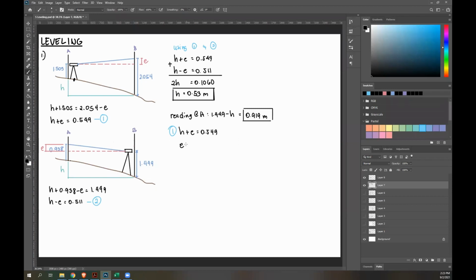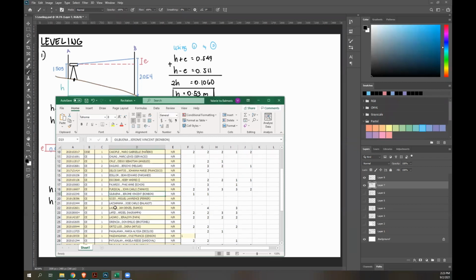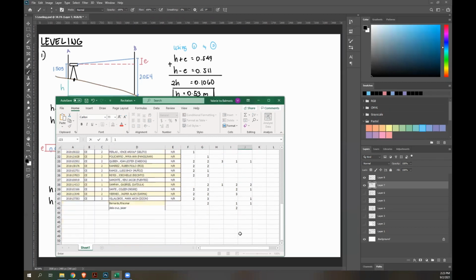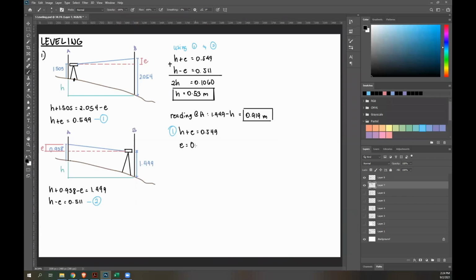From this, we solve for E. Correct, Jasper and Ardiel. 0.019.